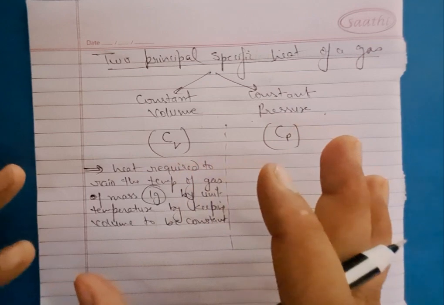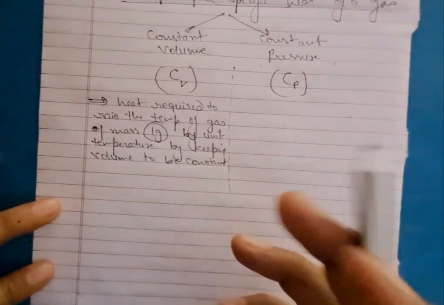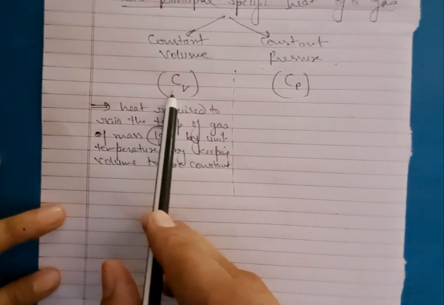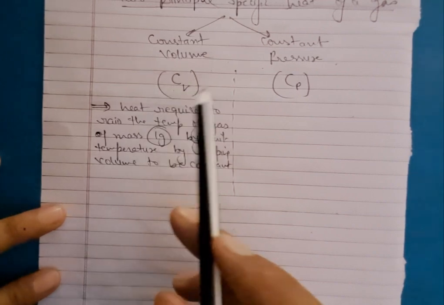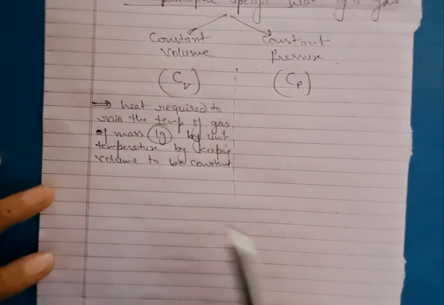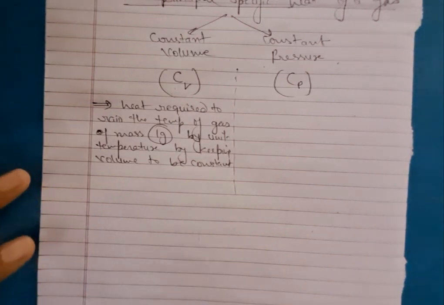So in a pressure cooker, temperature is being given continuously and the volume is kept constant. So if volume is kept constant, the pressure will increase on increasing the temperature. So in this case it is considered to be Cv.